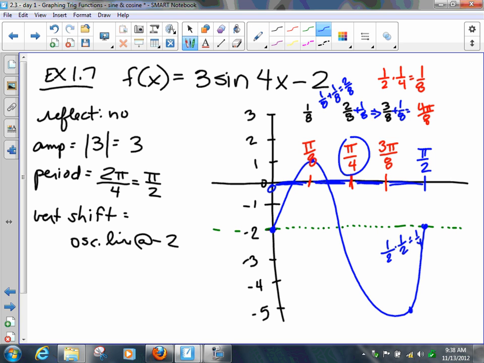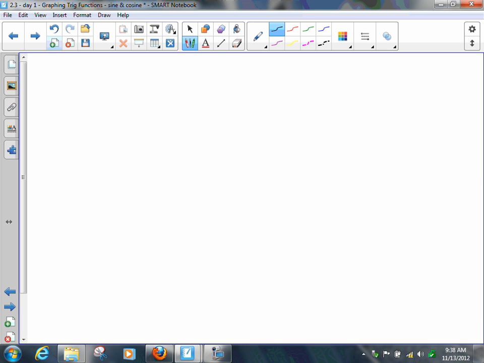Okay. All right, so let's look at another one. Which curve have we not looked at? Cosine. Okay. Let's not do 3x.